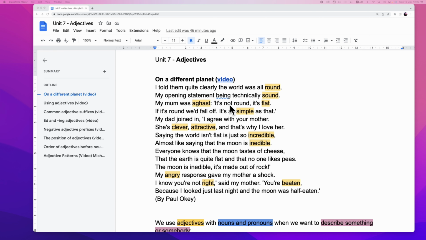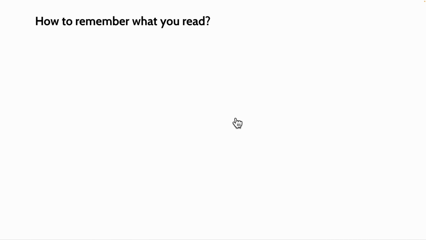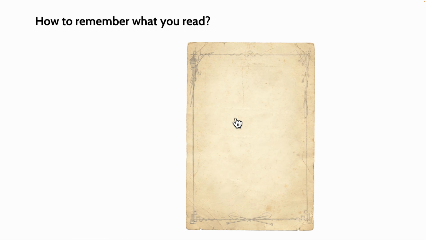The video actually starts with a poem. So the very first thing, we start with a picture of a piece of paper. Of course, this piece of paper has nothing on it, because we are going to fill it with everything we learned from the passage. Let's see how we can do it.